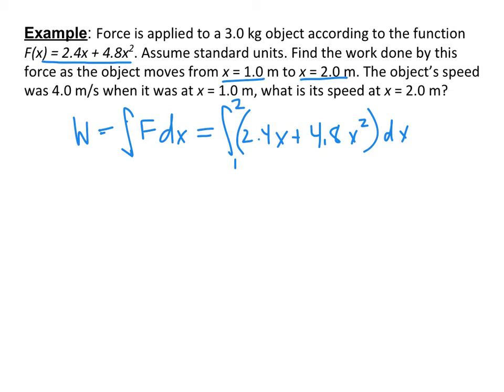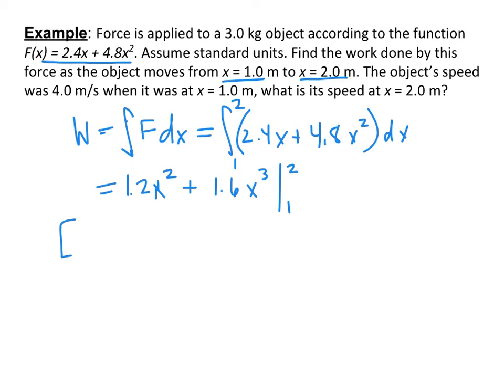And so we would integrate by increasing our exponents, 1.2 x squared, so I raise the exponent of x to x squared, and then I divide by that new exponent, 2, and then I would raise my exponent to x cubed and divide by that, and it gives me 1.6 x cubed, and that's what I'm evaluating between 1 and 2.